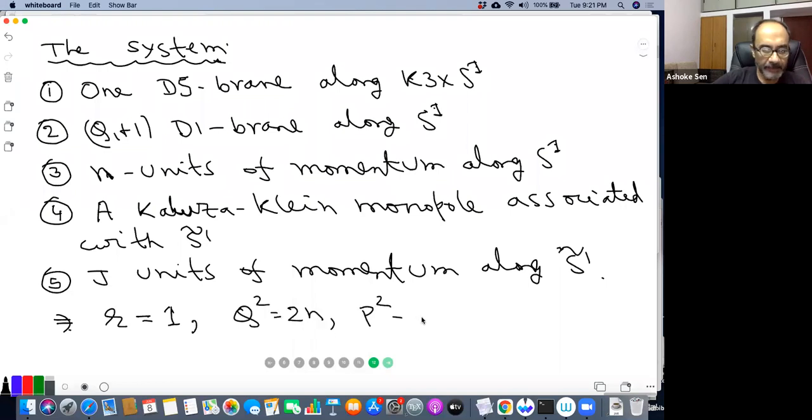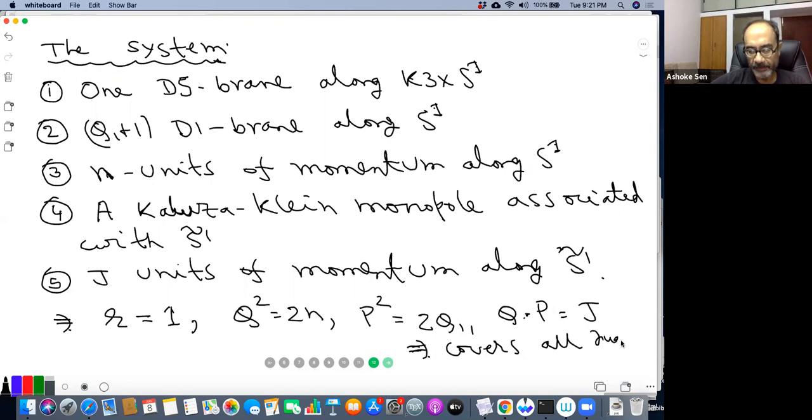P square is 2q1 and Q dot P equal to J. And because these are arbitrary integers, q1, n, and J, we see that this covers all duality orbits at r equal to 1.